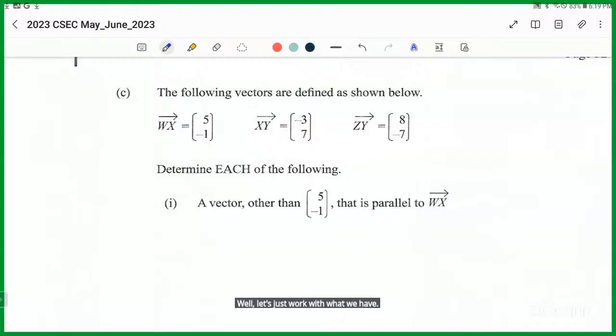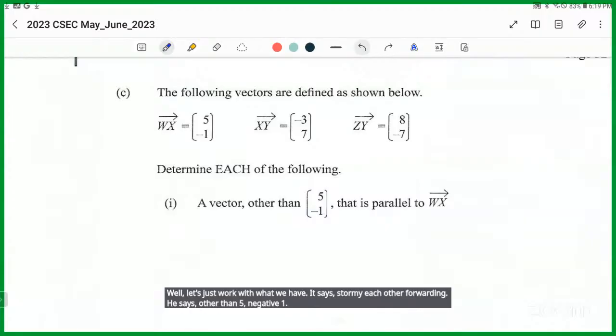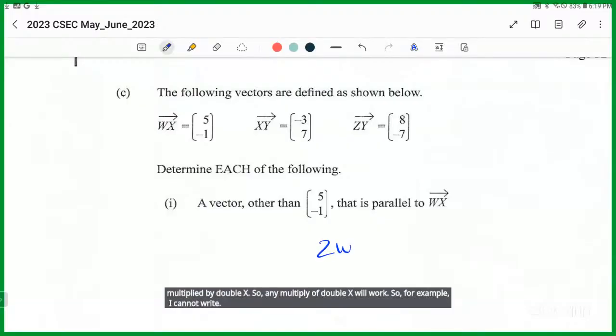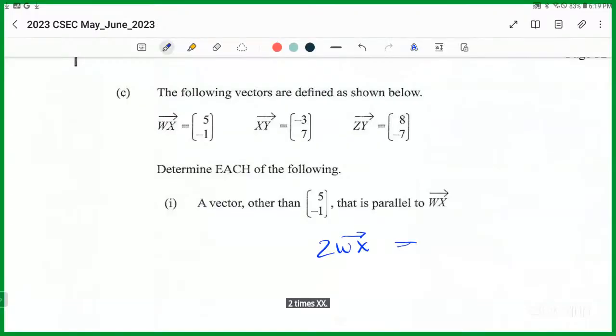It says determine each of the following. Other than (5, -1), we want to write a vector that is parallel to WX. A vector that is parallel to WX is a vector that's a multiple of WX, so any multiple of WX will work. For example, I can just write 2 times WX, which will be 2 times this, which is (10, -2). That is it.